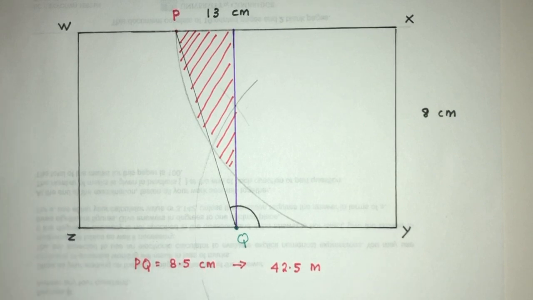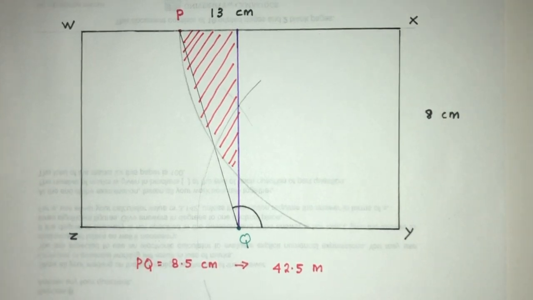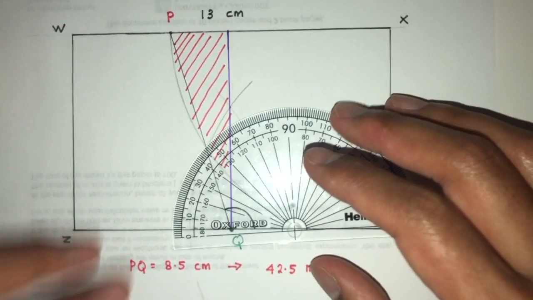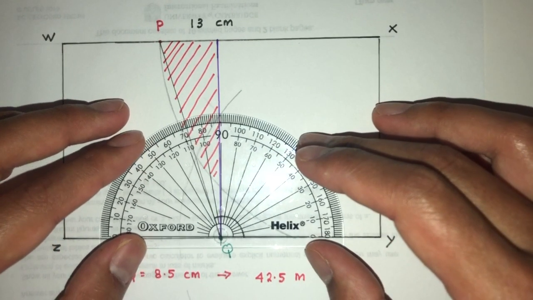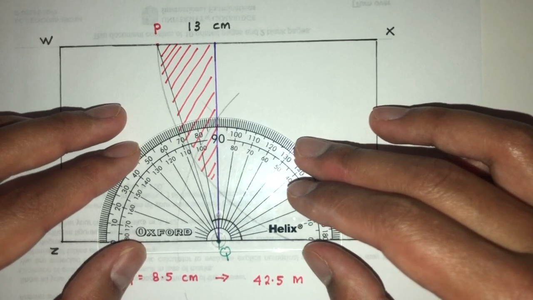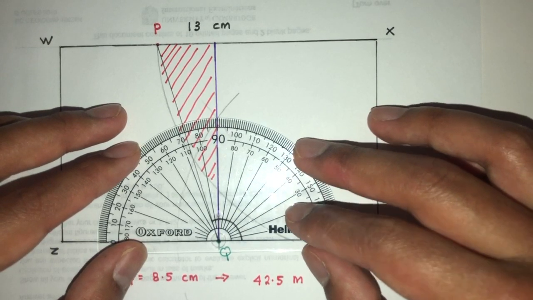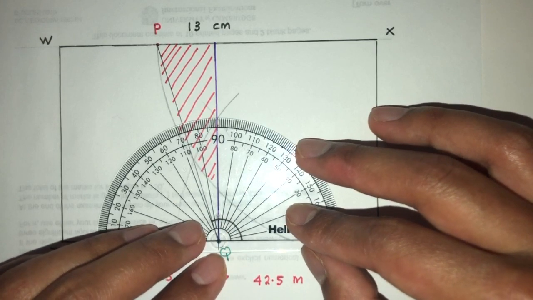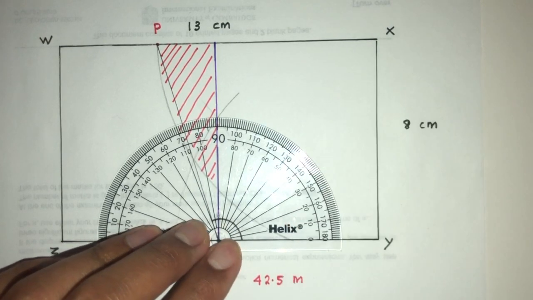So by measurement, we have to use the protractor. Now again, I don't know if you guys have done locus already for paper 1. If that's the case, then you guys will not be getting a question on locus for paper 2 anyways. But it is good to know how to do those questions step by step. So here we go to the center, which is Q. Then we have to measure the angle.